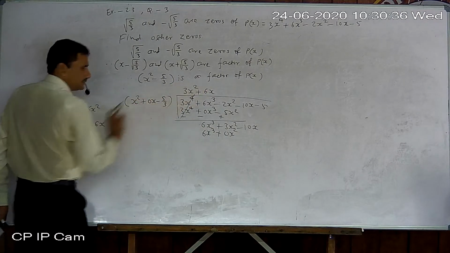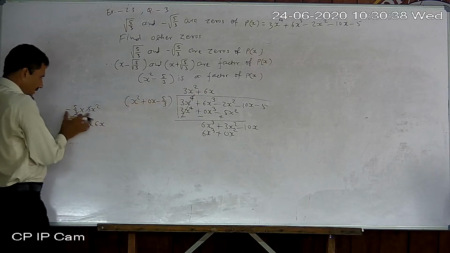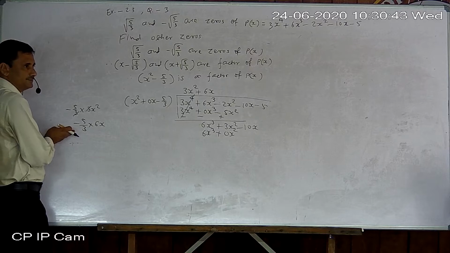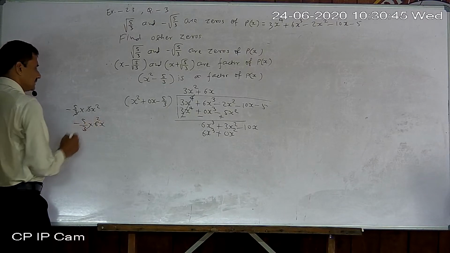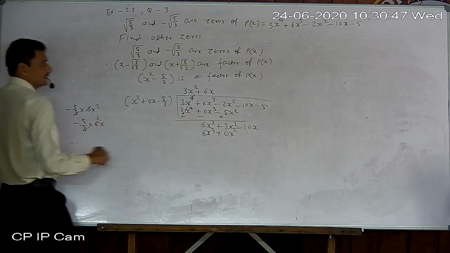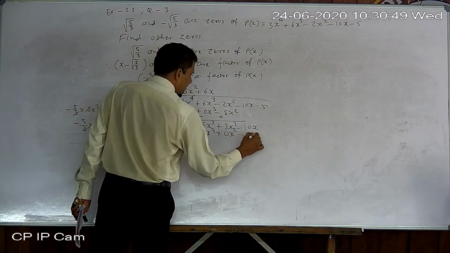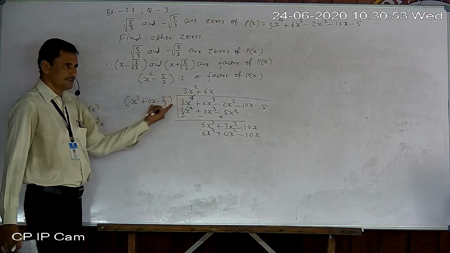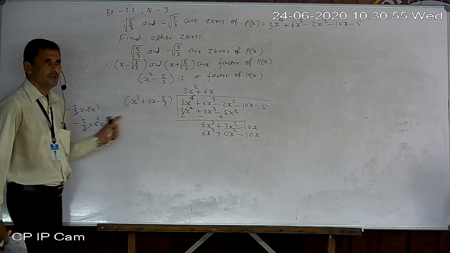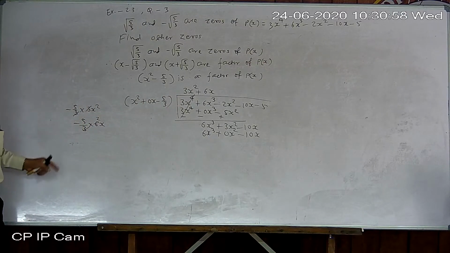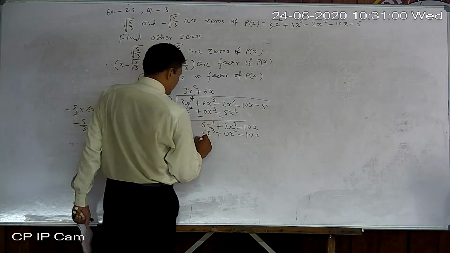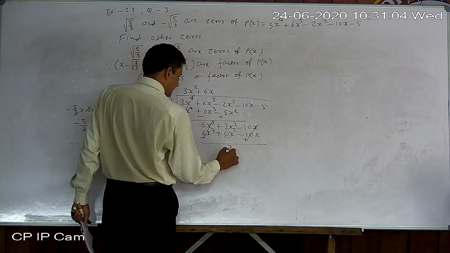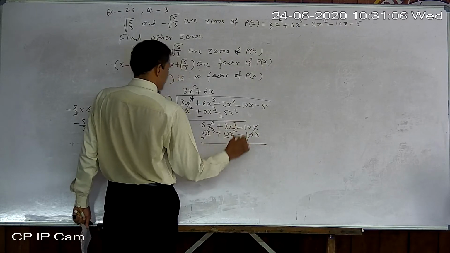Due to the fraction, don't get confused. If you cannot multiply orally due to the fraction, you can do rough work also: 3 into 6 cancels, whatever is left, 5 into 2 is 10x. So minus 10x. Now minus minus plus. This term is gone, this also gone. Left is 3x square minus 5.